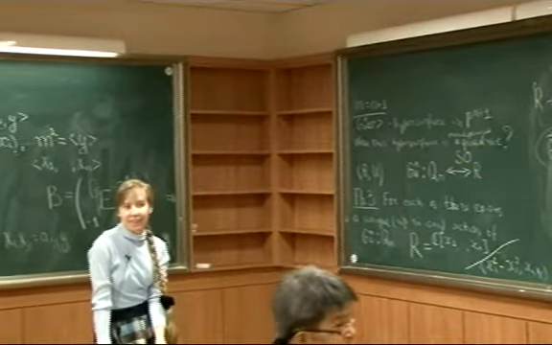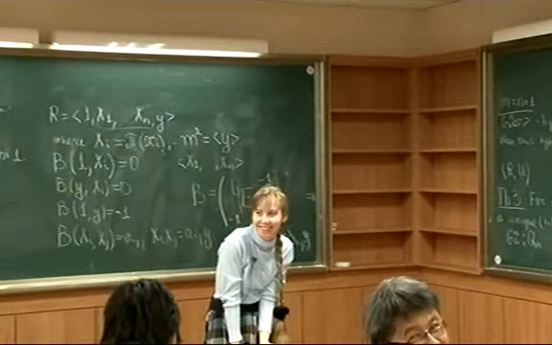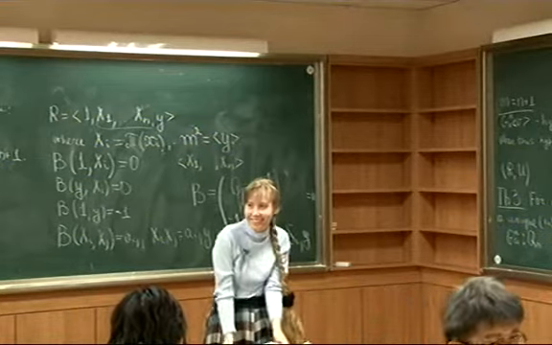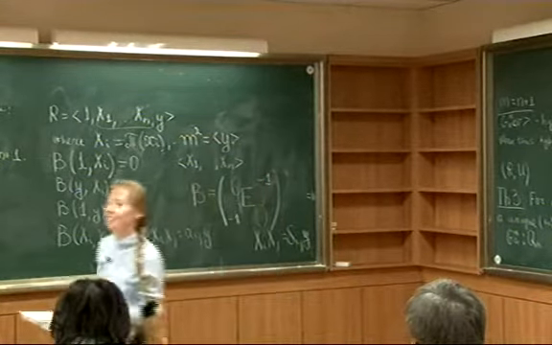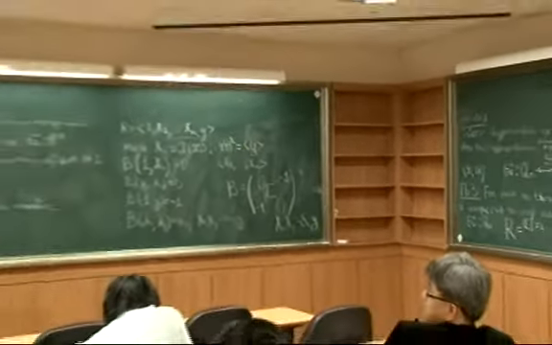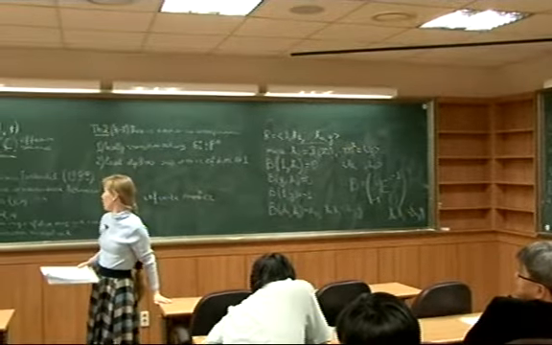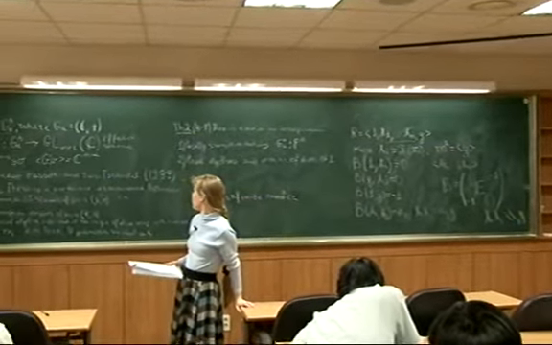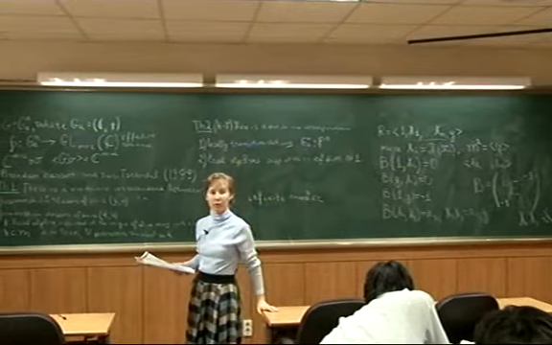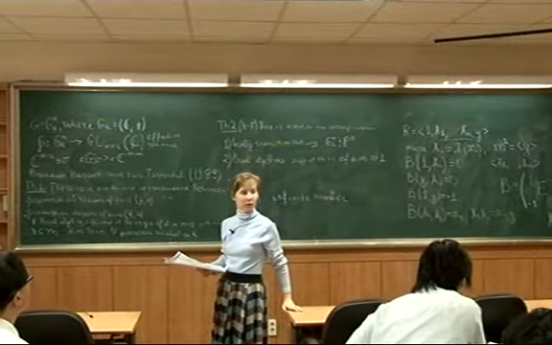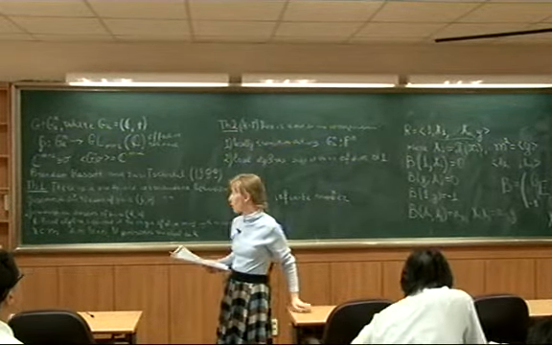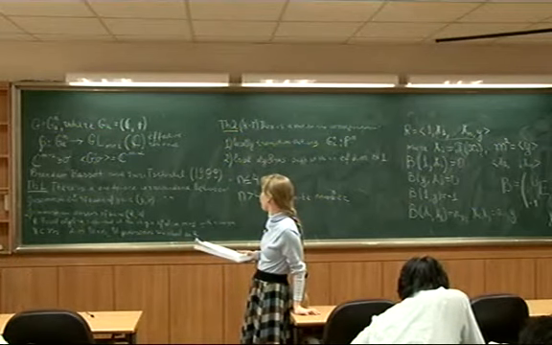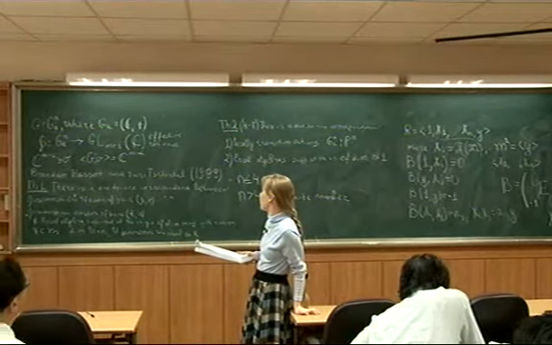Do you have some questions? Is there any similar correspondence in the case of the multiplicative group? Well, the case of the multiplicative group, C star and C star to the n. Yes, I see.